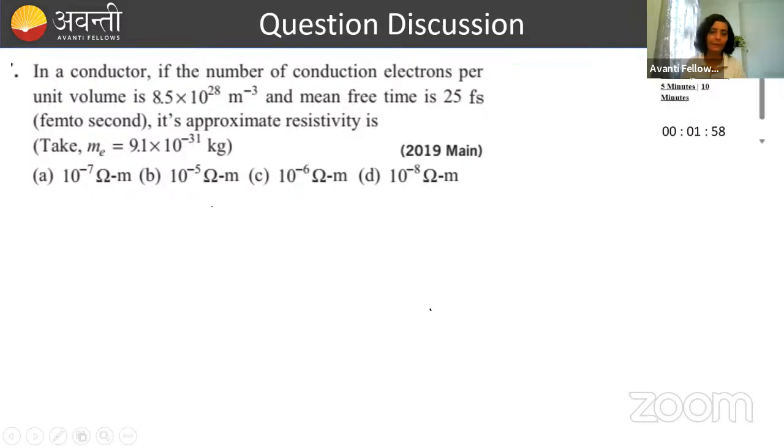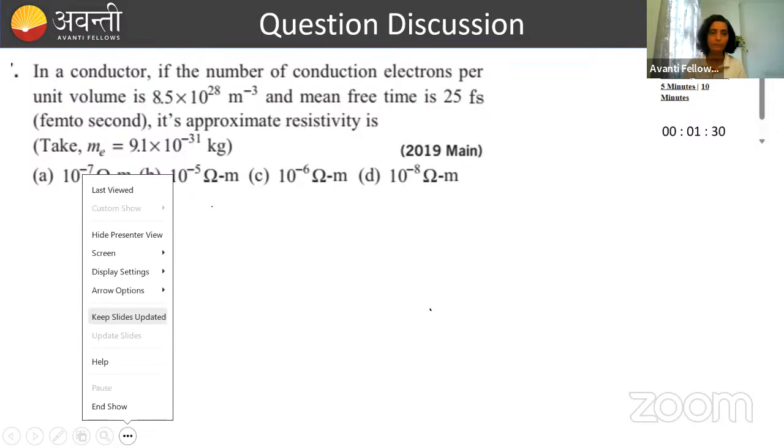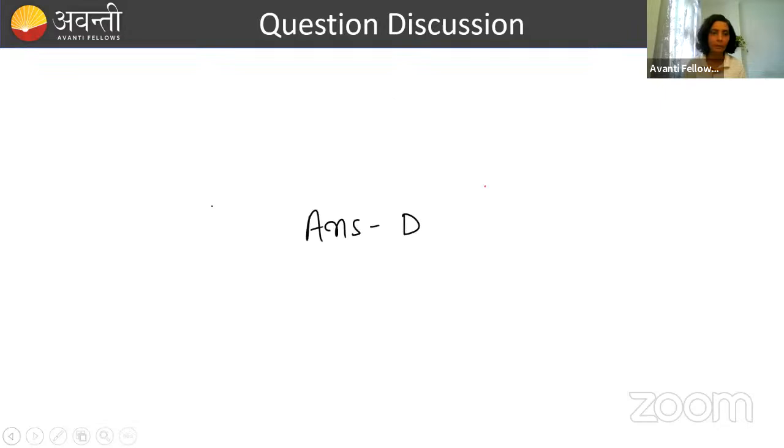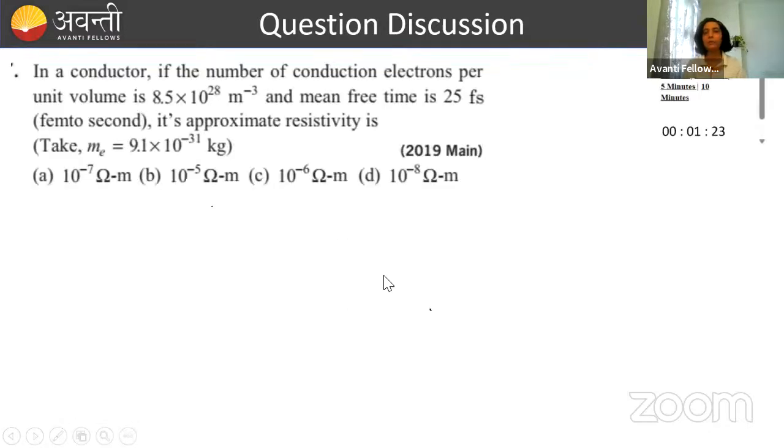Your 2 minutes has started. Okay. You can text your answer here in the chat section. Okay. Both on Zoom and YouTube. I am having look at both of this. तो आप कहीं भी भेज सकते हो.